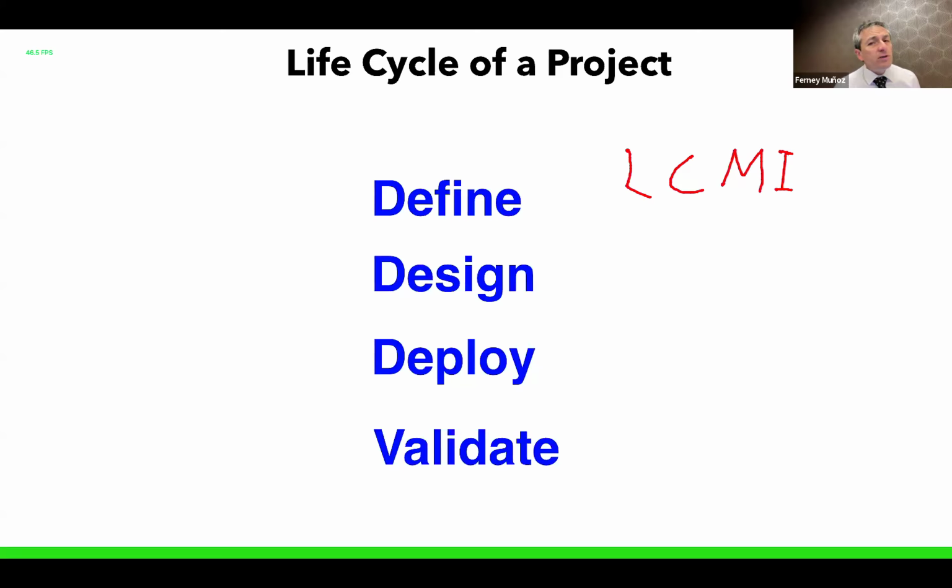So the definition, as you can see, is complex and it takes time. In some projects, we spend 60, 70% of the time defining what they really need, what they really want, because what people have in mind is not the same as reality. Sometimes they just want to do things that are not possible.